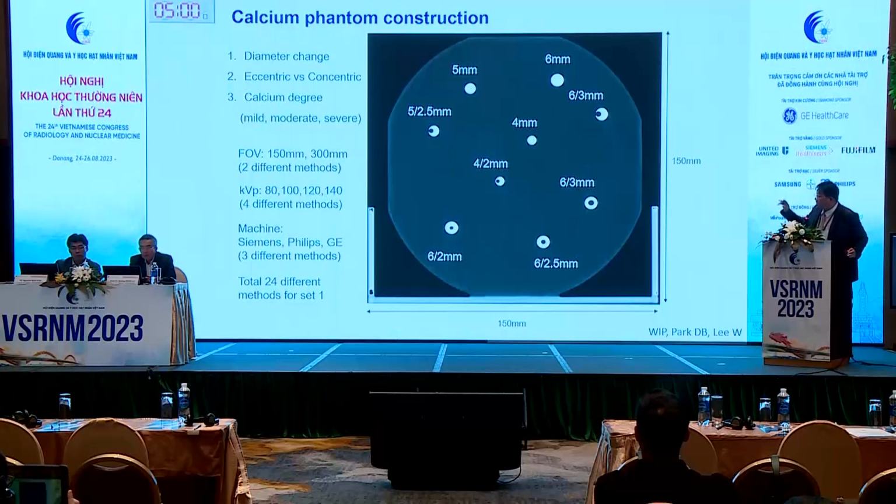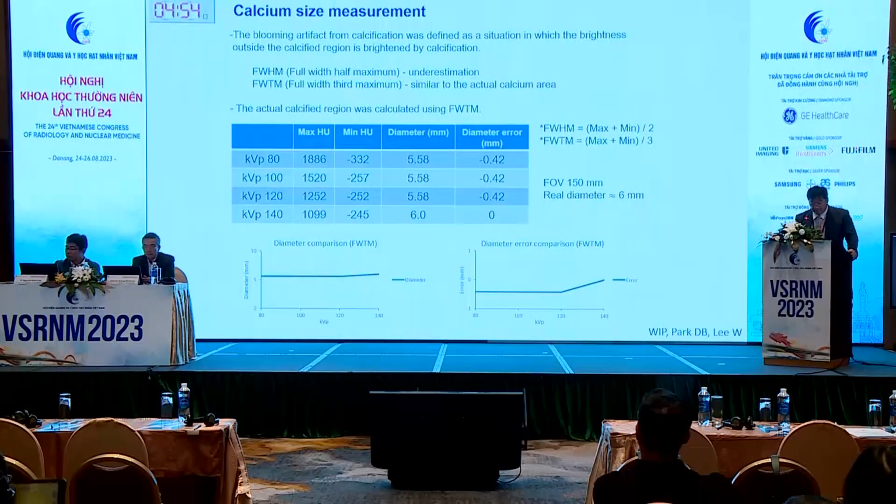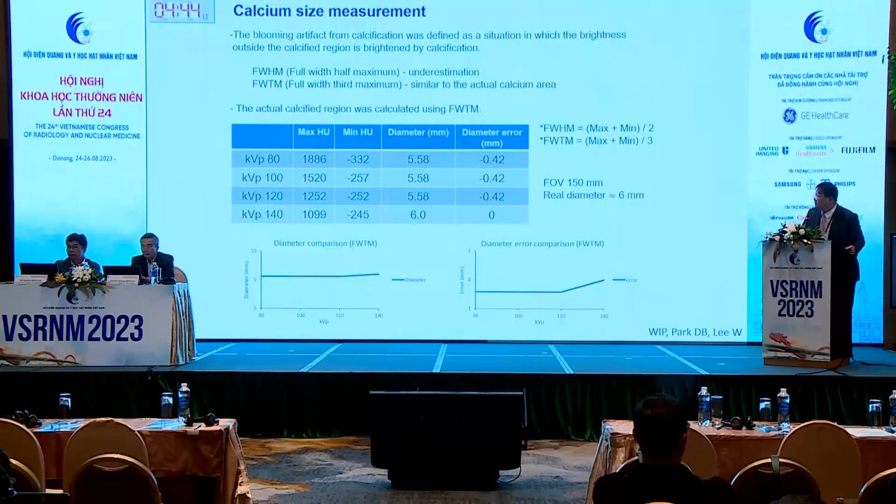So I made phantoms of various sizes, did CT scans, and measured them. Interestingly, full width half maximum already underestimates calcium, surprisingly. So I applied the full width third maximum to get the correct value from the calcification. All the measurements from the CT in this research use full width third maximum.